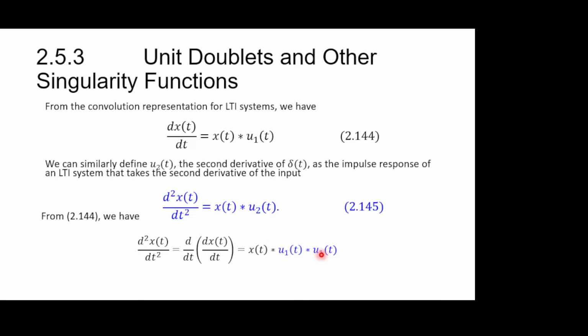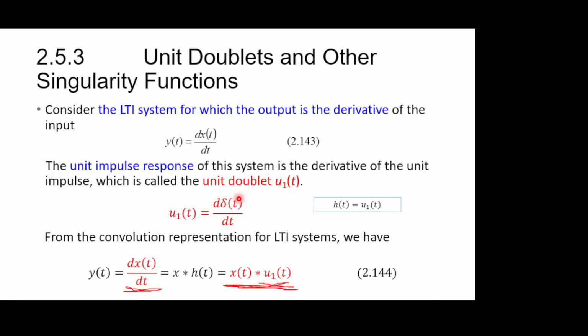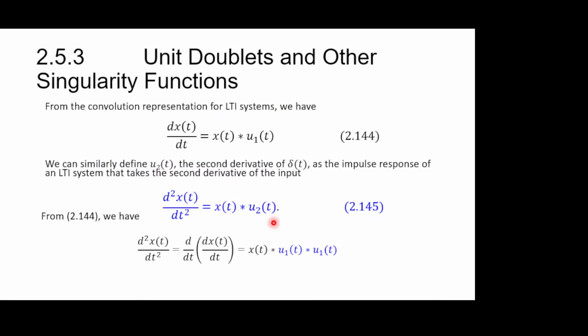On the other hand, we can do a similar thing here. So u2 of t is the impulse response to, okay, we should write out the system. So now we are thinking about the system y of t equals this thing, right? If you think about this system, u2 of t is the impulse response of this system.